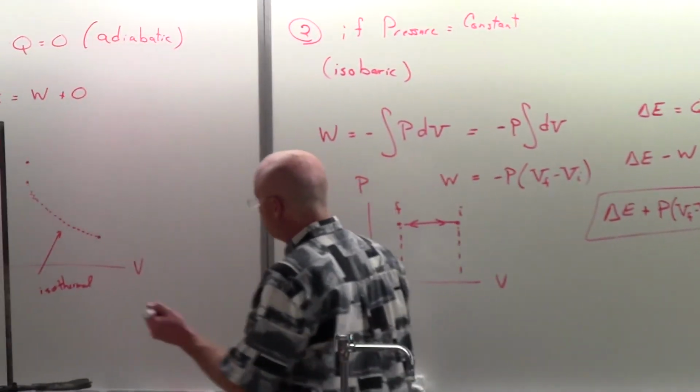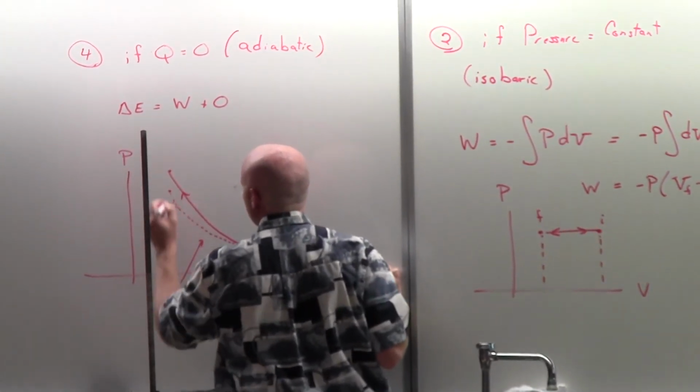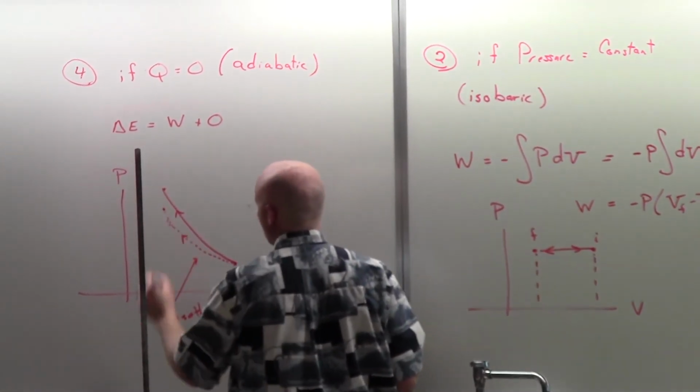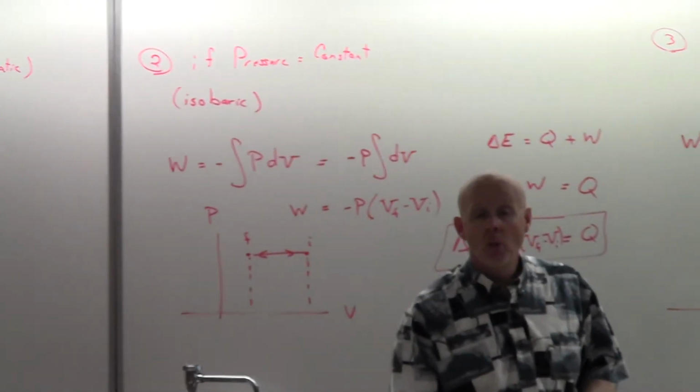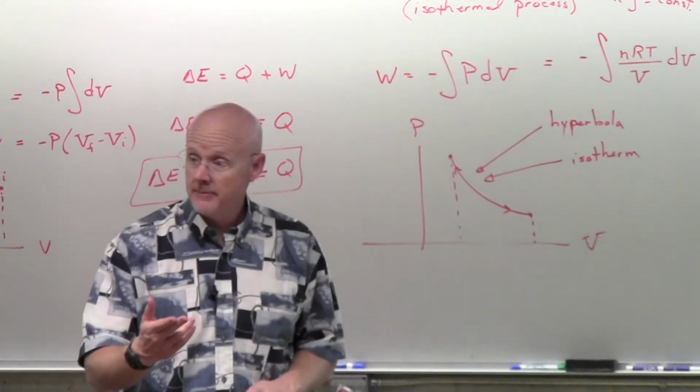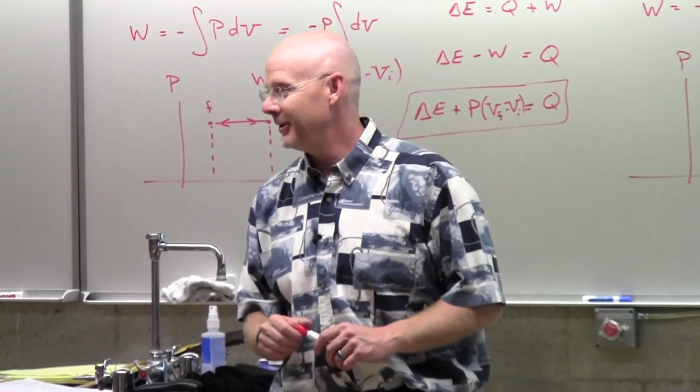So probably the best picture I could give you is a picture that is comparing an isotherm and an adiabatic. Why would the pressure go up a little bit more? Yeah, because the temperature went up a little bit more, right?